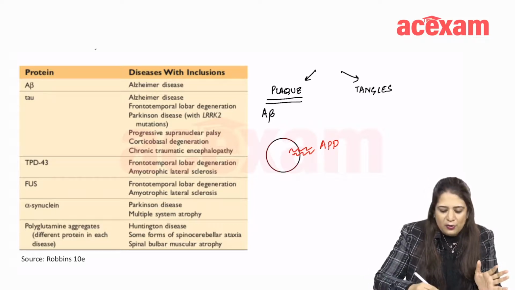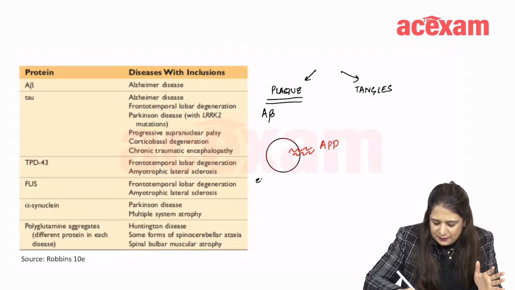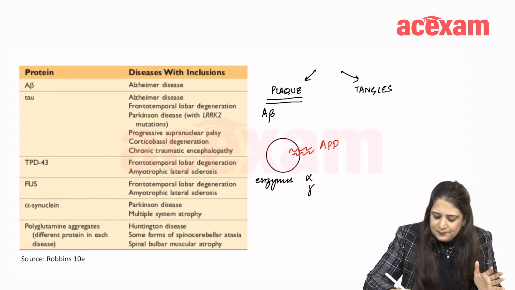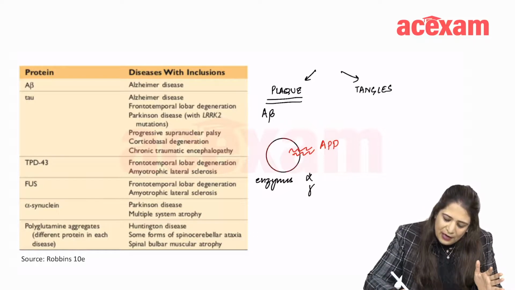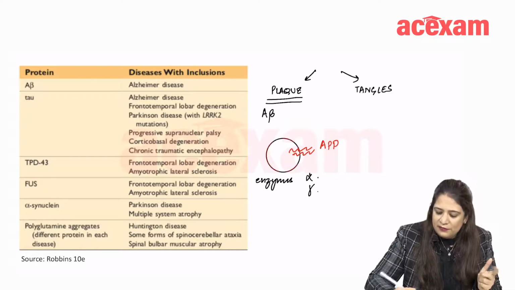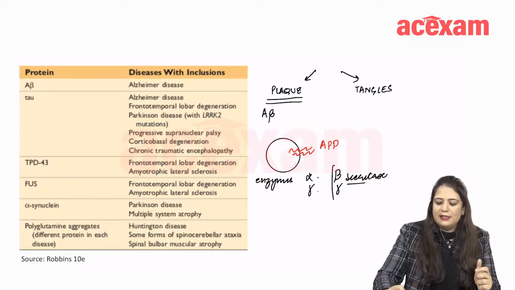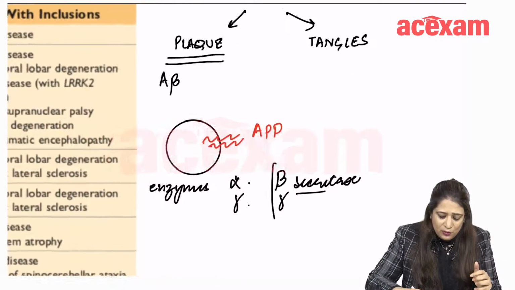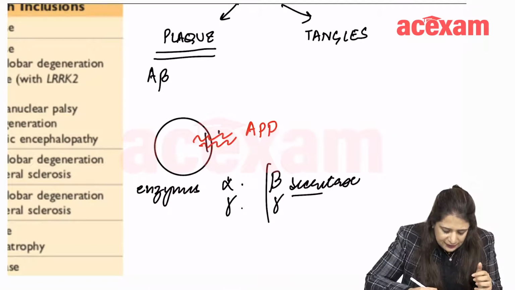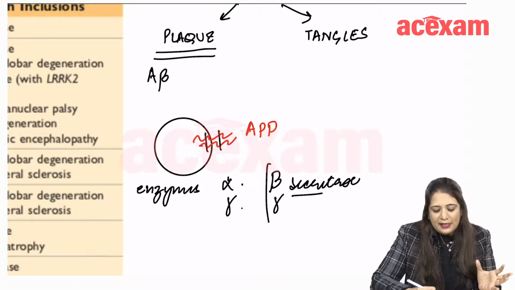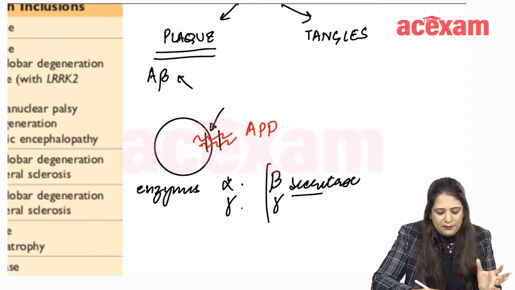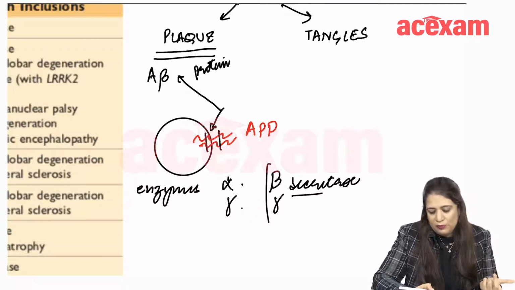So there is recruitment of certain enzymes like the alpha and gamma secretase in normal individuals, whereas beta and gamma secretase in Alzheimer's disease. So what does this beta secretase enzyme in place of alpha do? They cleave this APP at such a site that this A beta, which is this amyloid protein, is produced instead of the normal monomers.